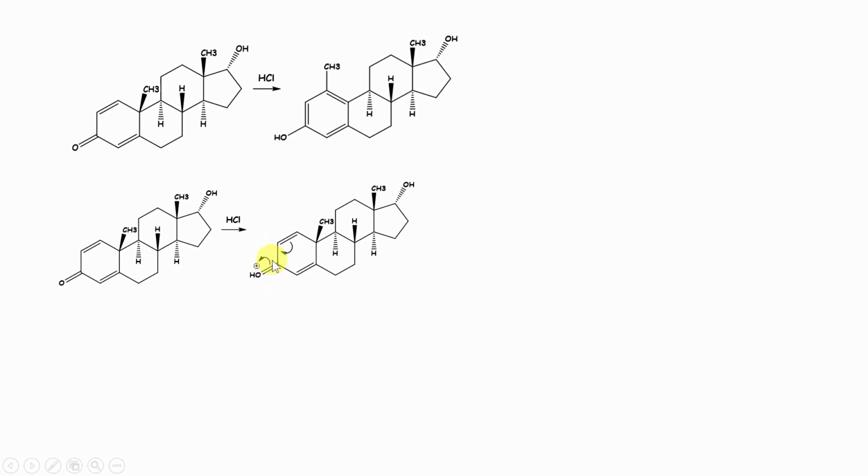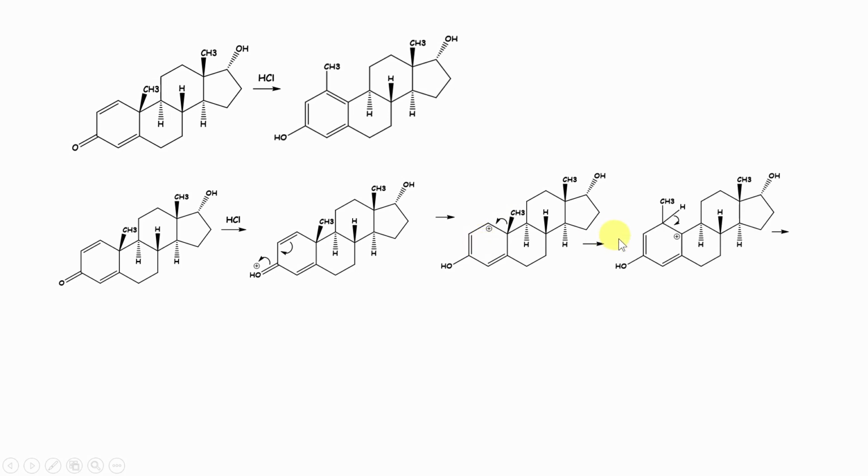Then shifting of pi electron towards oxygen leads to the formation of a secondary carbocation. And to this secondary carbocation, a methyl shift takes place. This methyl group shifts from this position to this position, a 1,2 methyl shift, to form a more stable carbocation, the tertiary carbocation at this position. And for aromatization, deprotonation takes place from this tertiary carbocation, thereby forming the final product phenol.